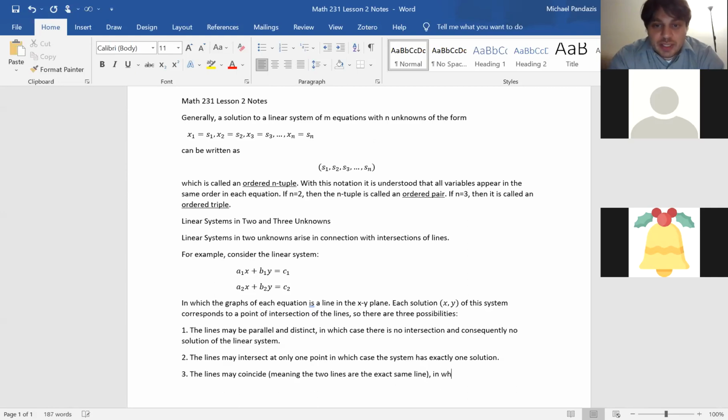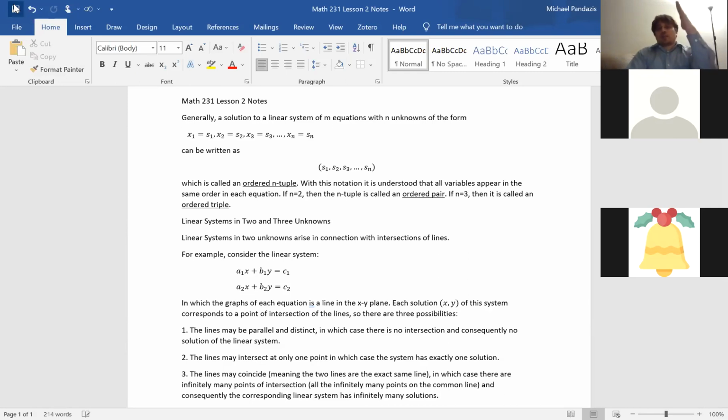In which case, there are infinitely many points of intersection, all the infinitely many points on the common line. And consequently, the corresponding linear system has infinitely many solutions.